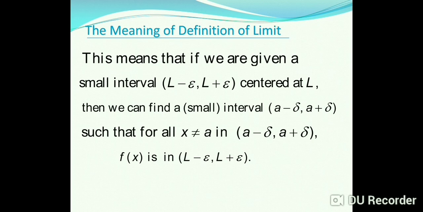If we are given a small open interval L minus epsilon, L plus epsilon centered at L, then we can define a small interval a minus delta, a plus delta such that for all x not equal to a in a minus delta, a plus delta, f of x is in that open interval L minus epsilon, L plus epsilon. Next, we will see examples on that.